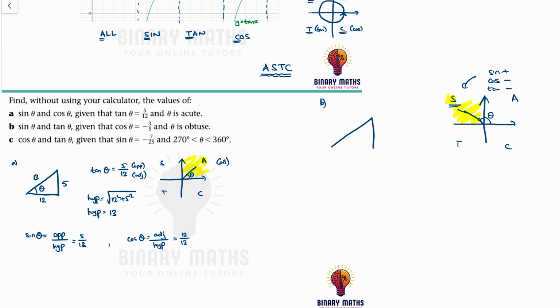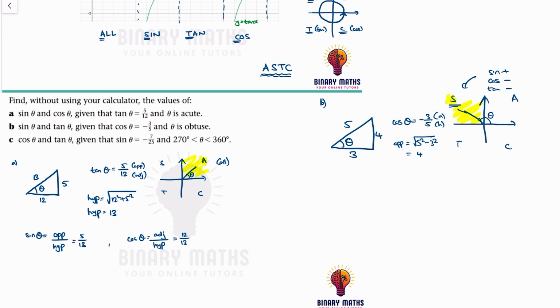We always draw a right angle triangle to help us find the value. Cos theta is equal to negative 3/5, so adjacent over hypotenuse. Adjacent must be 3 and hypotenuse must be 5. That means opposite will be equal to the root of 5 squared take away 3 squared, which is equal to 4.